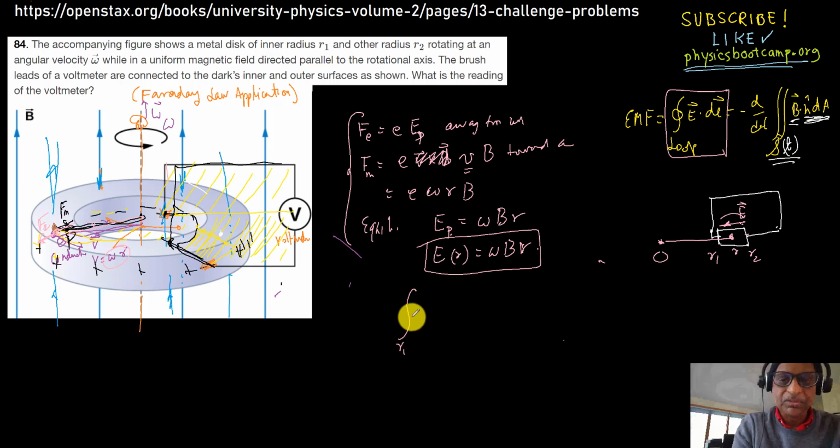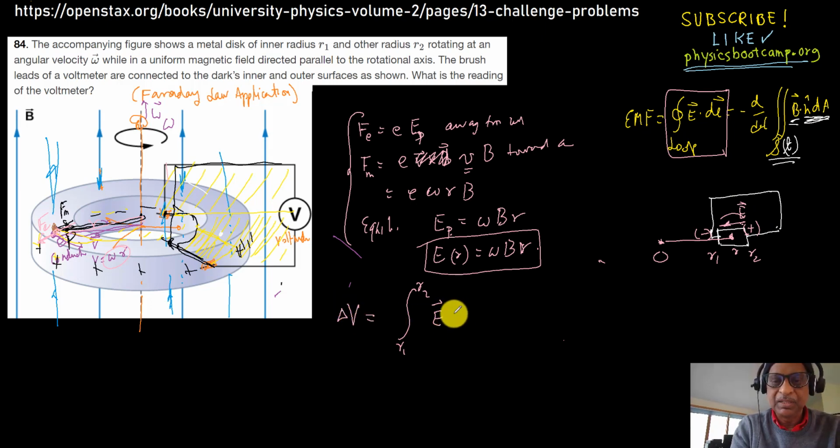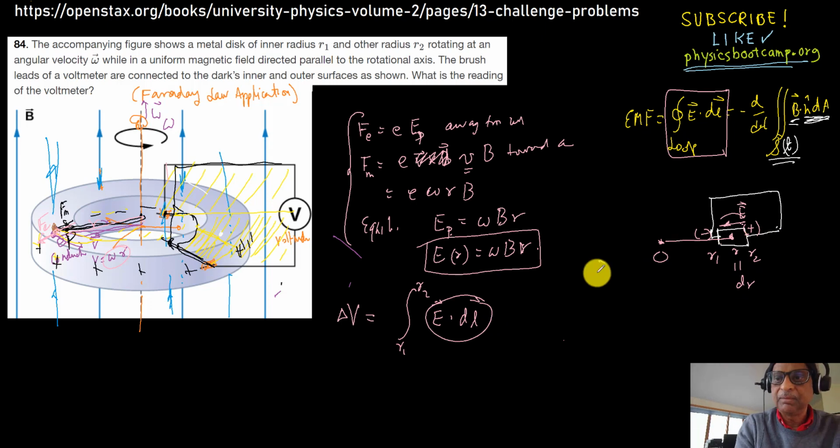So R1 to R2, inside is the most negative and outside is the positive. So going from negative to positive, the delta V will simply be E dot dl, and the dl is just dr. So this is in the same direction.